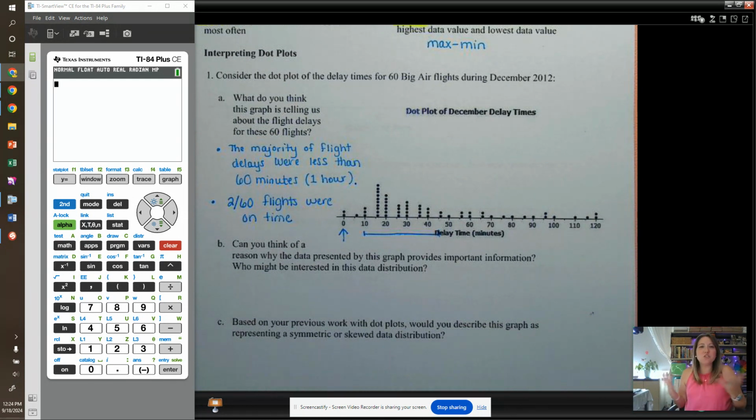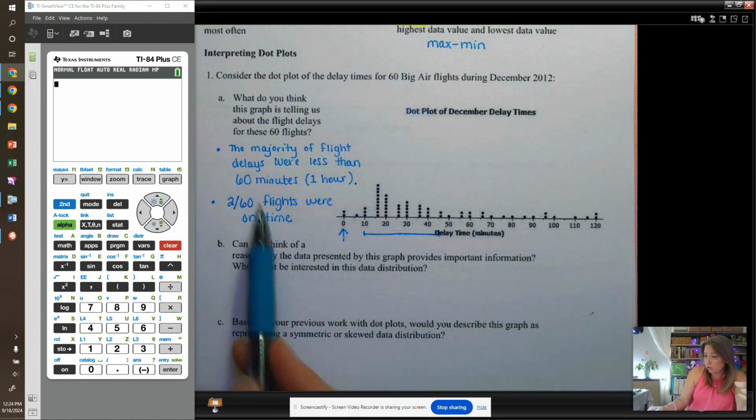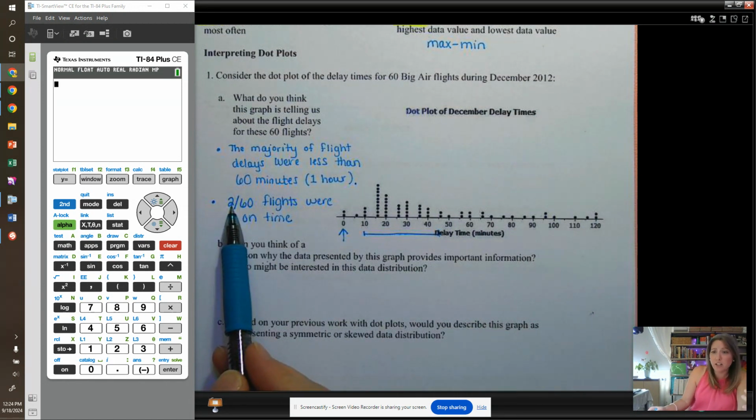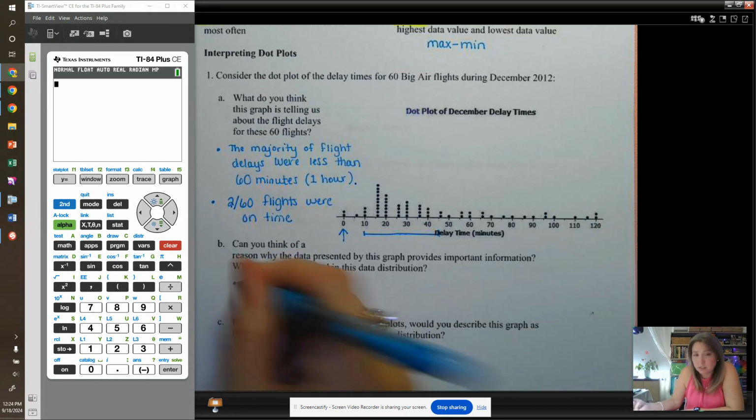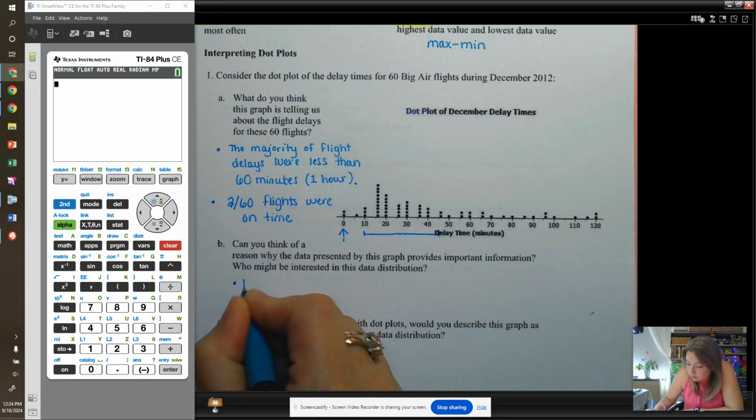Okay, well, can you think of a reason why the data presented in this graph is important? Yeah, do I want to buy a ticket to Big Air if 2 out of every 60 flights are on time? Not really, right? You need to consider your logistics.